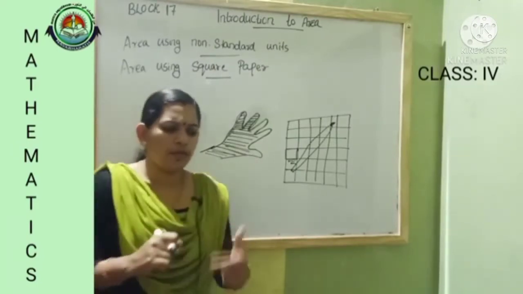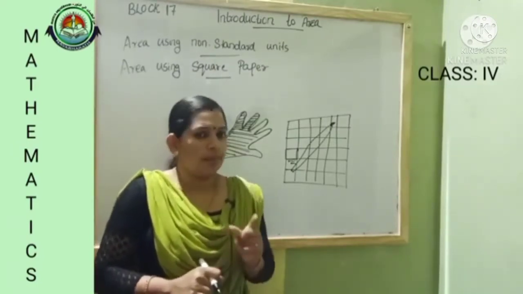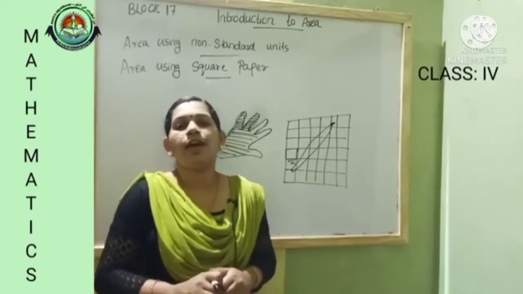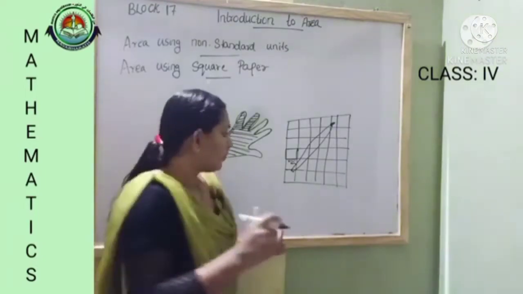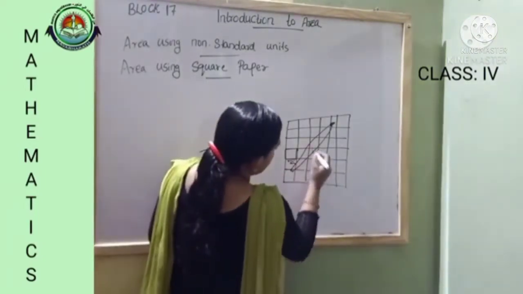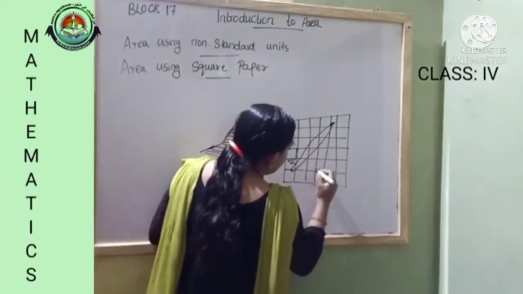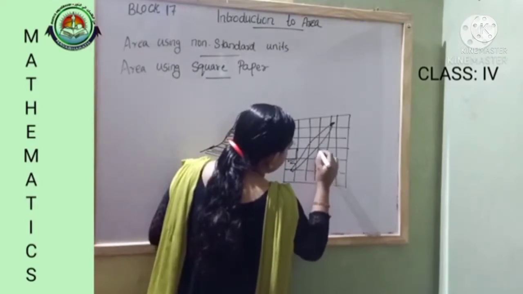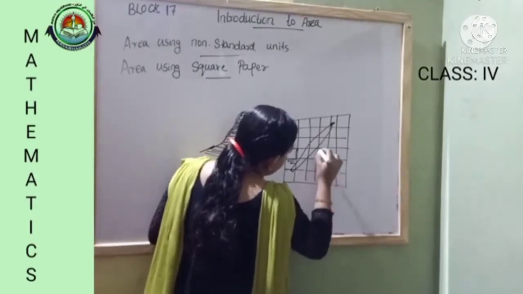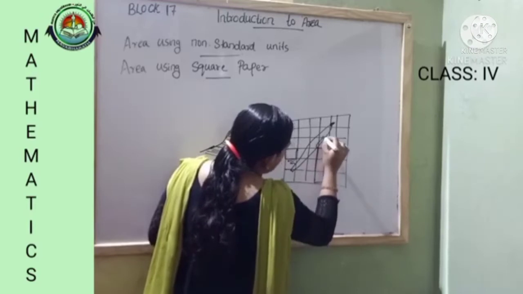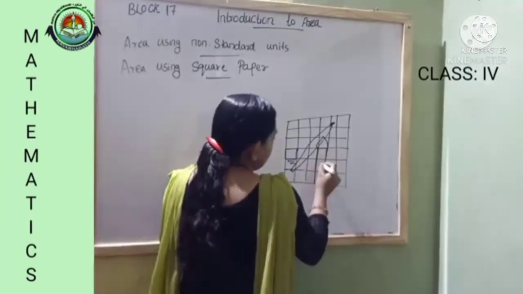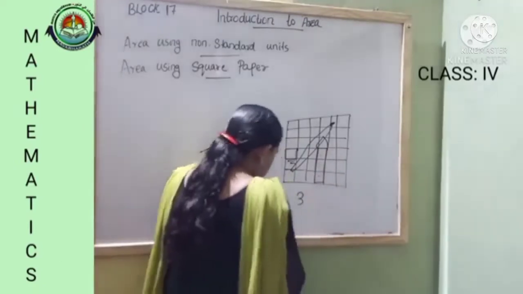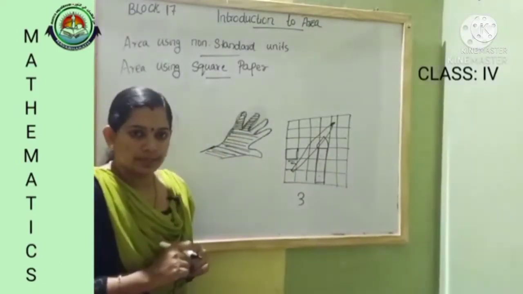Then how do we find the area? We find the number of complete squares. Here all are half squares. But when I draw this figure, how many complete squares are there? 1, 2, 3. Three complete squares are there.